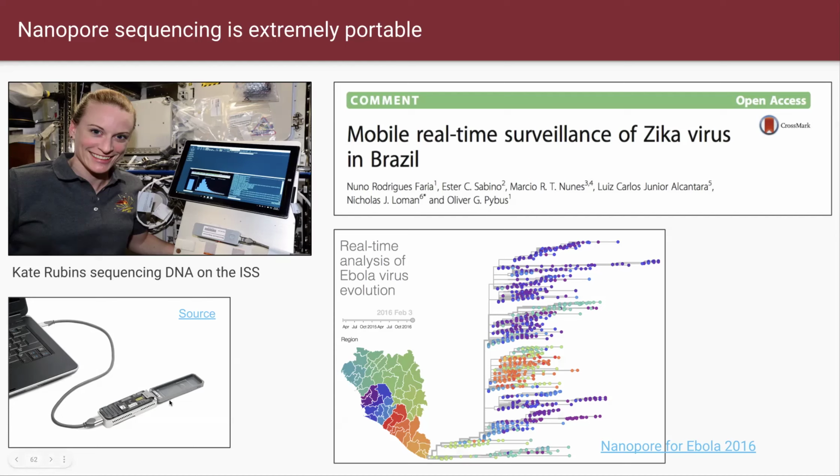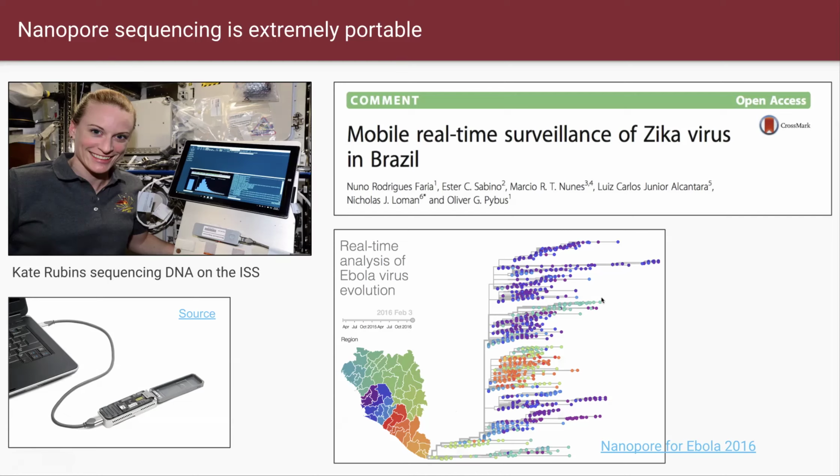The nanopore sequencer is quite portable, so they brought it to the Amazon and quite distant locations in Brazil during the Zika virus outbreak, and they sequenced there directly. They opened that information to the scientific community, and they got to know how the Zika virus was spreading, right?